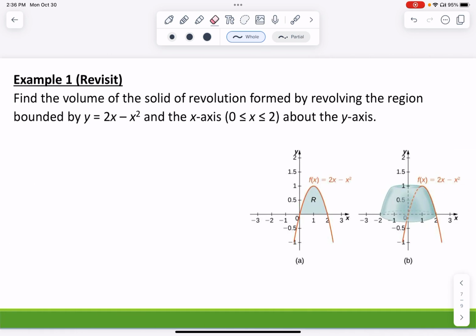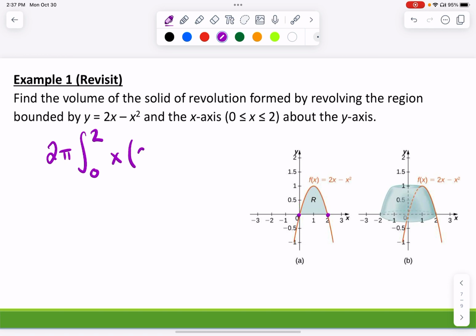So let's revisit example 1 and maybe do this in a little bit easier way. Our formula is 2 pi integral, going from 0 to 2, of x times my function 2x minus x squared dx.